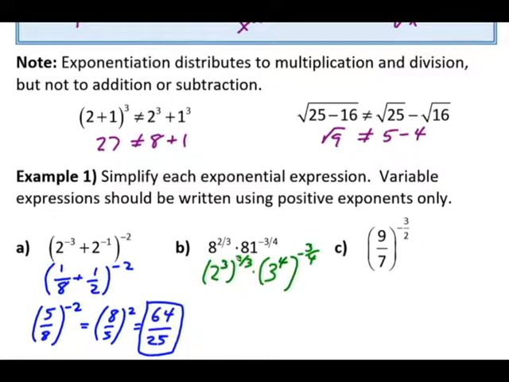Now we have power to a power, so 3 times 2/3 is 2. 4 times negative 3/4 is negative 3. The rest are just different ways of using these rules. This would be a good place to pause the video and try out the next 4 examples.